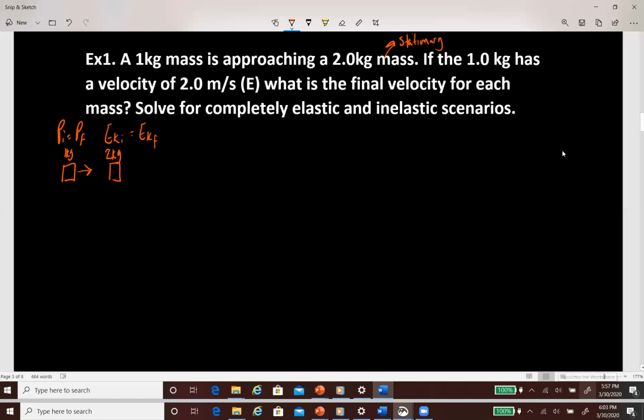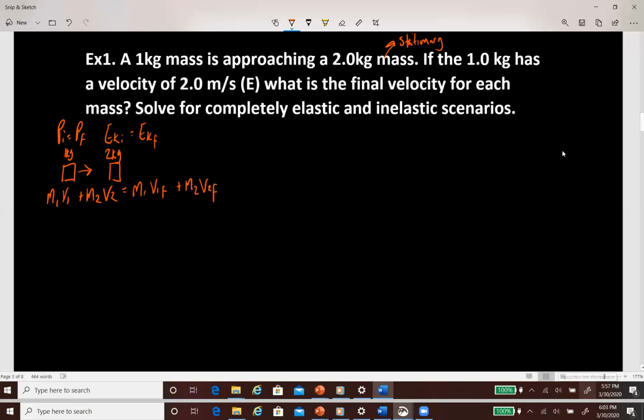So the initial momentum is the mass m1 times v1 plus m2 times v2. That's the initial momentum, and that's going to equal the final momentum, so m1 times v1 final plus m2 times v2 final.